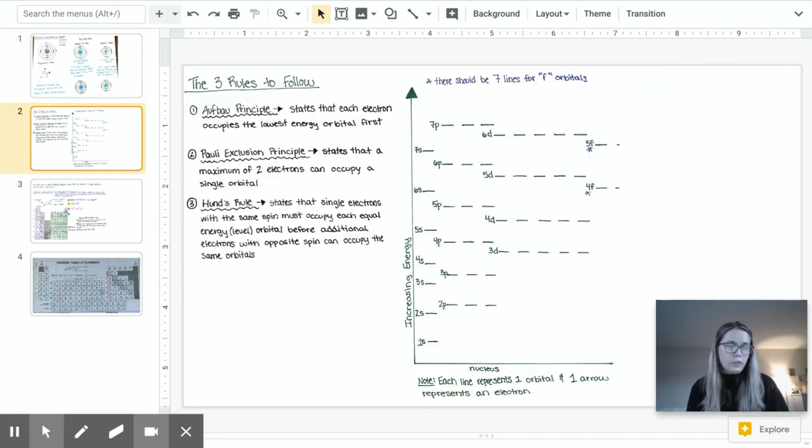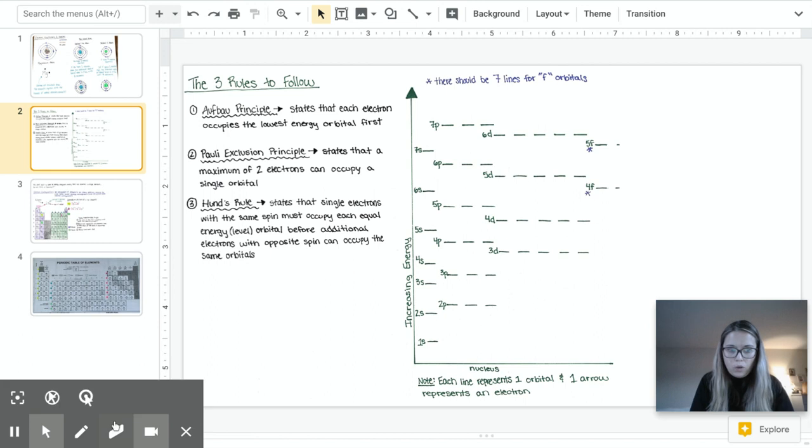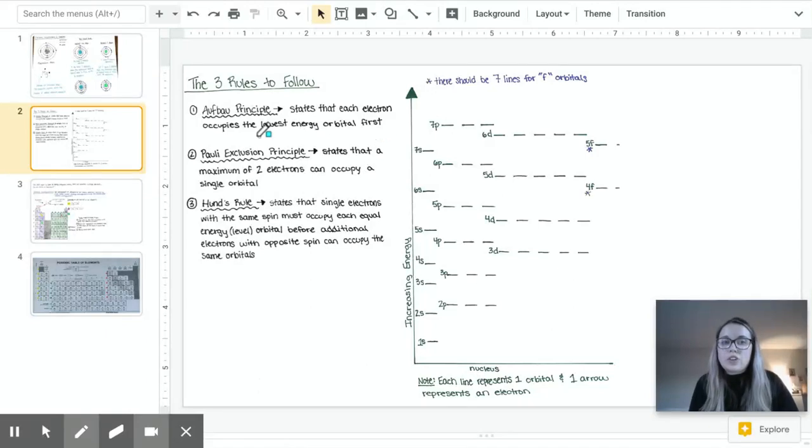Now there are 3 rules to follow when we're doing electron configurations. First up, we have the Aufbau principle. I know it sounds funny, but it just states that each electron occupies the lowest energy orbital first. They're lazy.